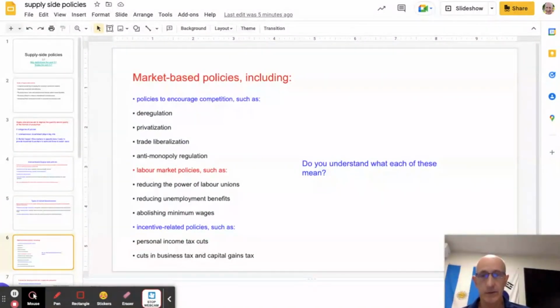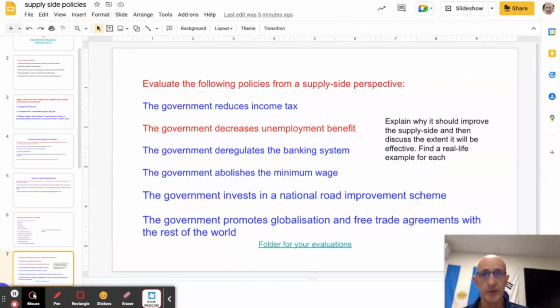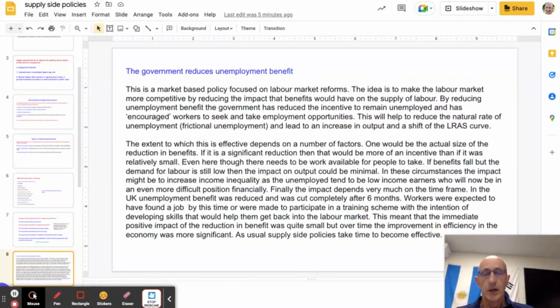Here's that list written in another way, exactly the same as the previous slide. So look, if we were to just take a look at this issue of unemployment benefit, if you had a question about the effectiveness of market-based policies, you were talking about labour market reforms, reducing unemployment benefit, you'd explain in your one paragraph, using real-world examples probably, but the point of it is to try and make markets more competitive.